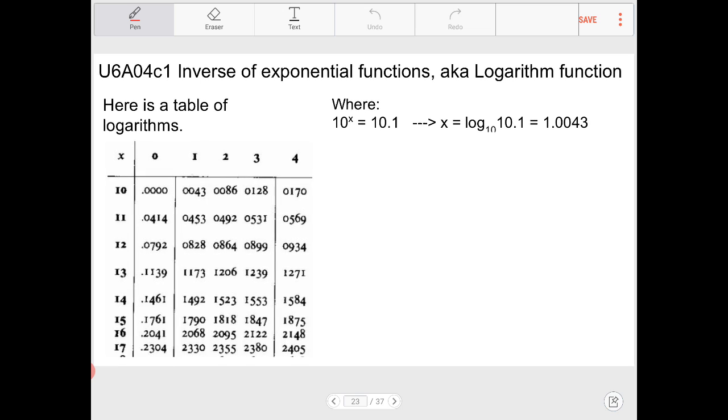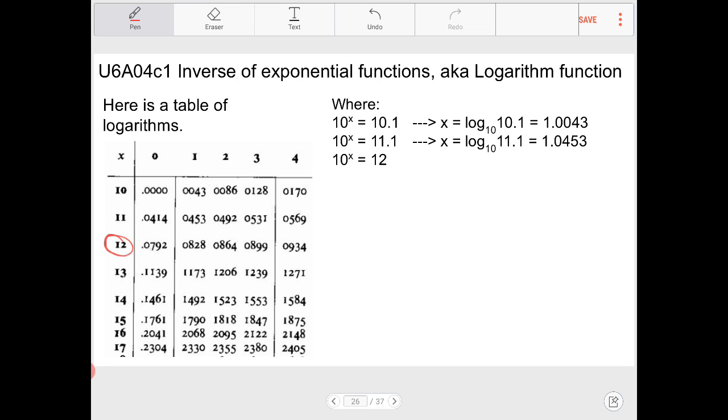So again, this is the solution. 10 to some power is equal to 10.1. That's equal to 1.043. 10 to the something is equal to 11.1. So this guy right here, 11.1, is equal to 1.0453. 10 to the x is equal to 12.